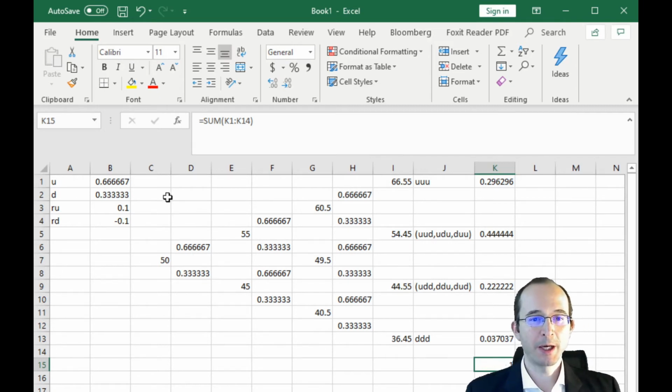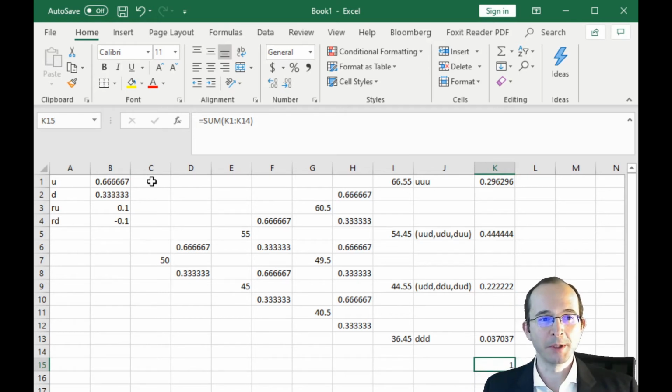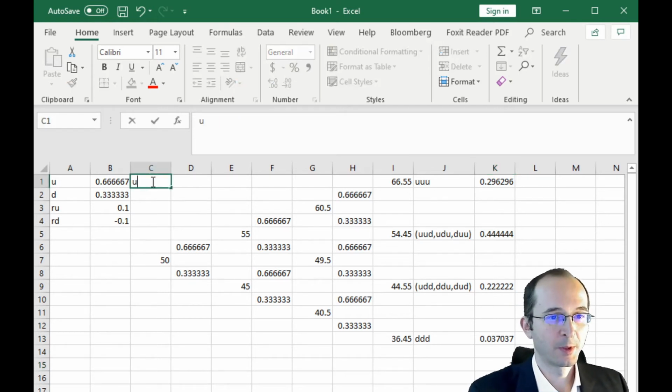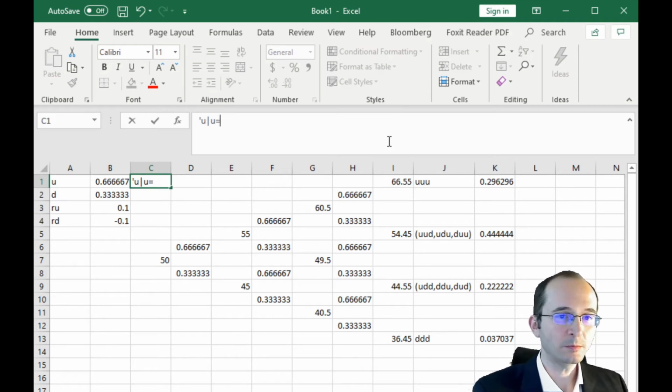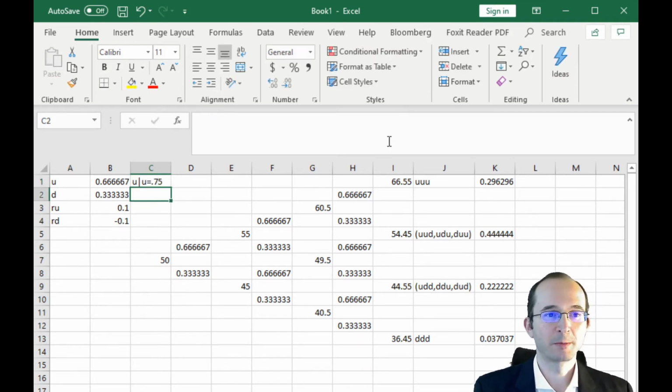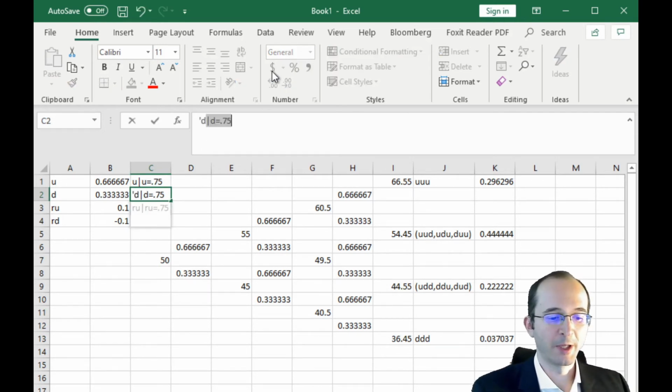And the way we can capture that is by saying that the probability of up given up is actually 75%. And the probability of down given down is going to be 50%.